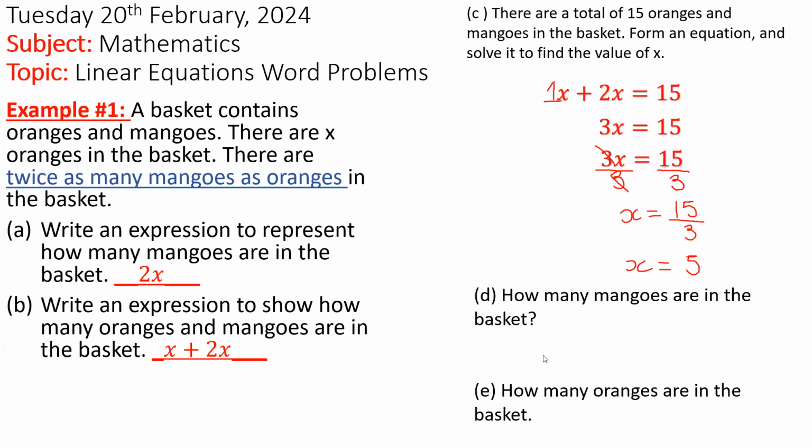Because we already know that there are 5 mangoes inside of the basket, so we need to multiply 2 by 5. What is 2 multiplied by 5? 10. Very good. So how many mangoes are inside of the basket? 10 mangoes. Do you understand how we got it?